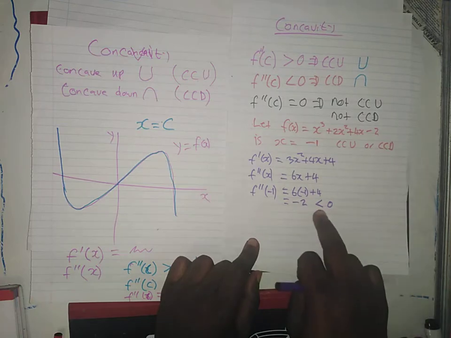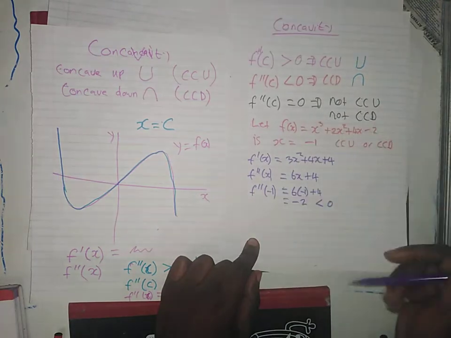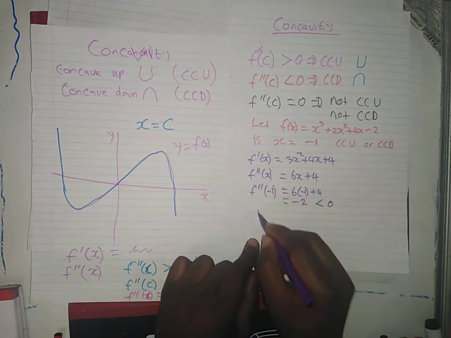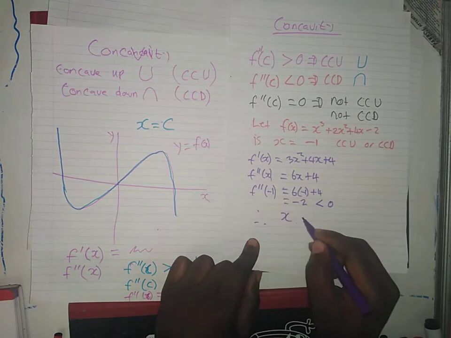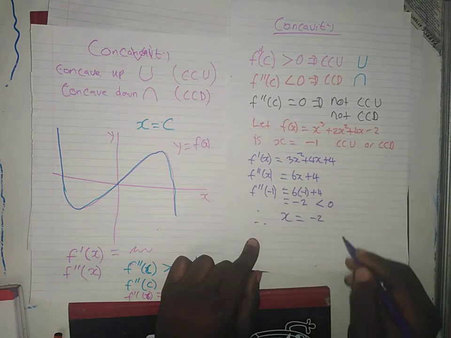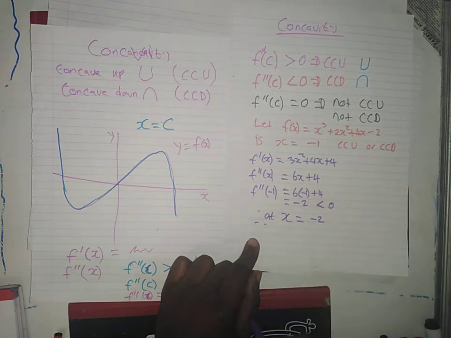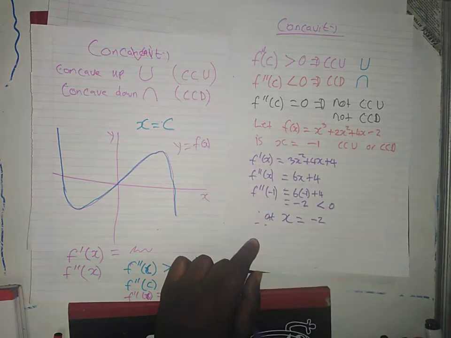Because it's less than 0, what does our theory say? When you have less than 0, you've got concave down. Actually, my question was terrible.